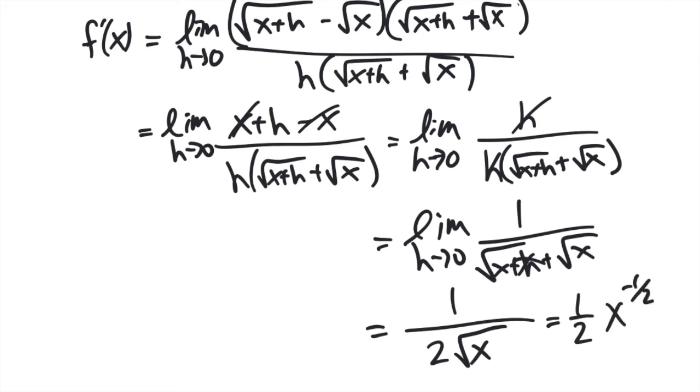I told you in a previous video that it's going to be really helpful to be able to convert back and forth from fractions to negative exponents like this. So there are a couple of different ways you can write your answer. But again, you shouldn't be surprised to get an x in your answer when you're finding f prime of x, because we're talking about the derivative for a lot of different values of x. Okay?